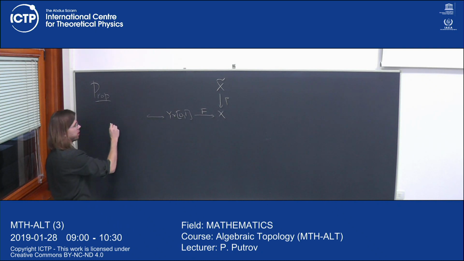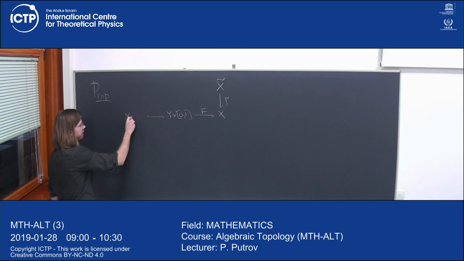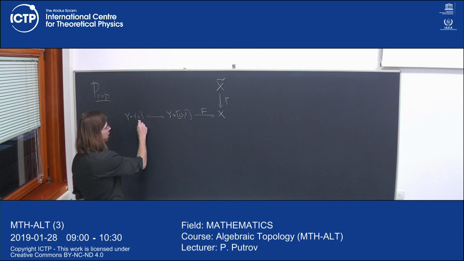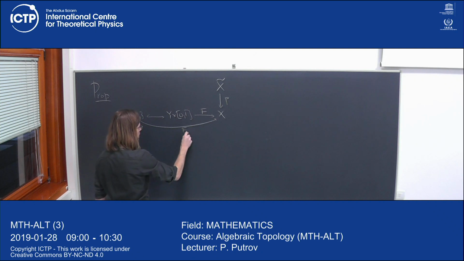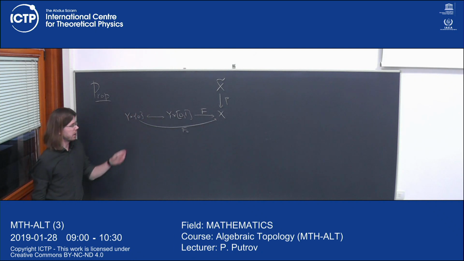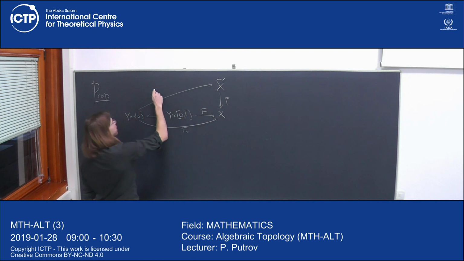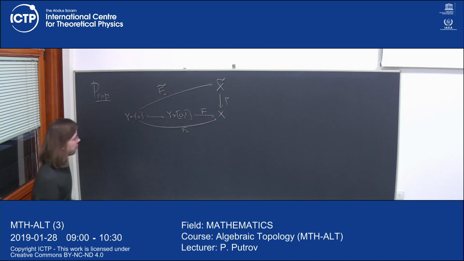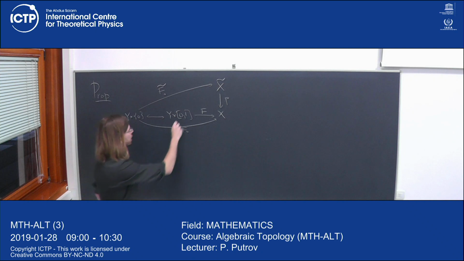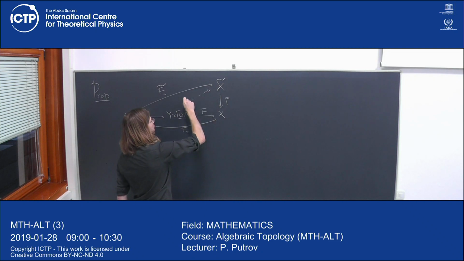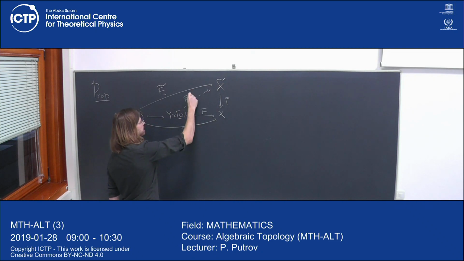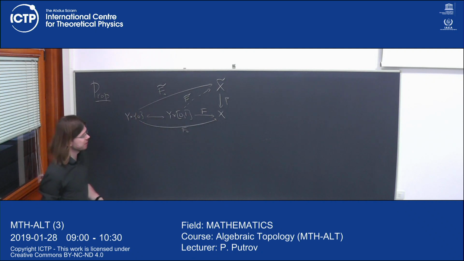Moreover, we have fixed the restriction of this function at Y times the beginning of the interval, and we have a fixed lift of this restriction, f0 tilde, and we are wondering about the existence of f itself.